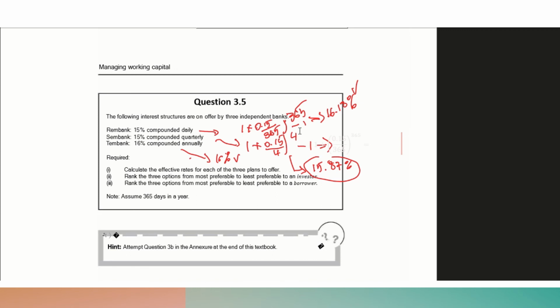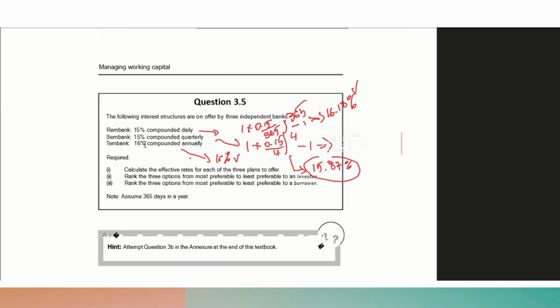So you can see that they've provided you with three independent banks who have quoted you 15%. They have quoted you the same rate. But now you need to look at the compounding periods. You can see that for the first bank, the compounding is daily. That's why M is 365.